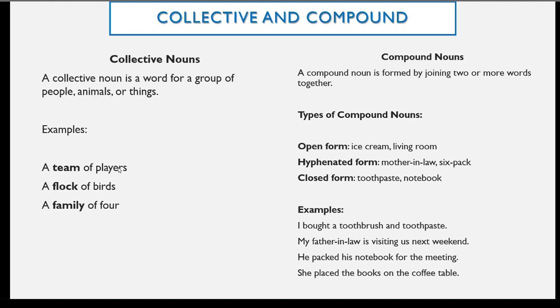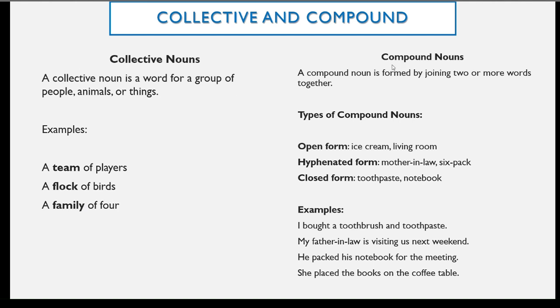We also have collective and compound nouns. A collective noun is a word for a group of people, animals, or things. Examples: a team of players, a flock of birds, a family of four.